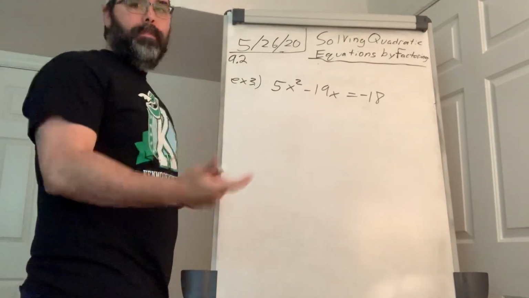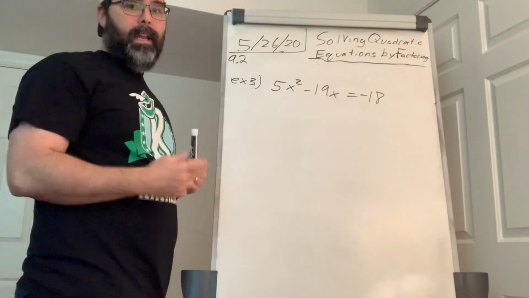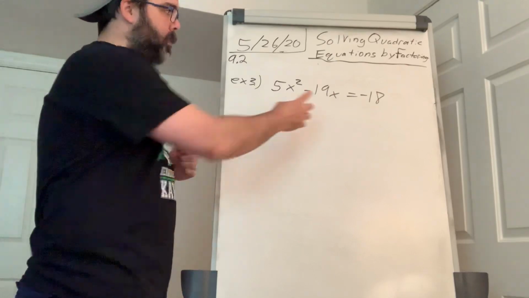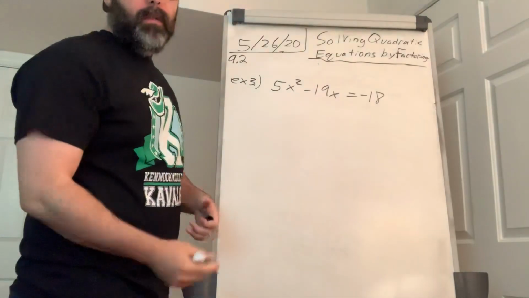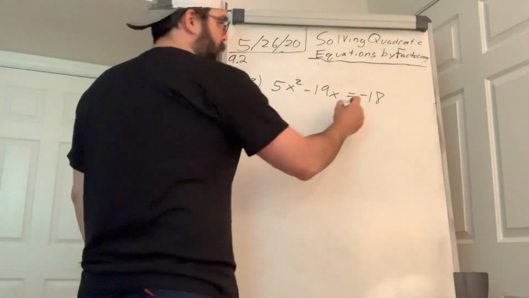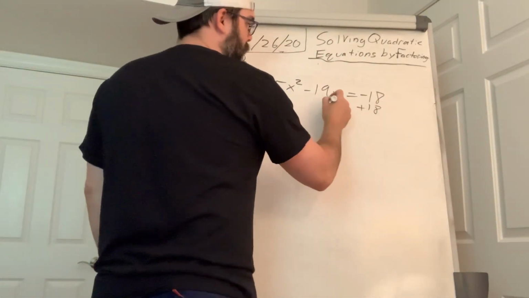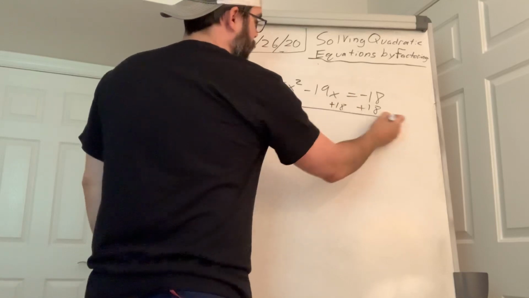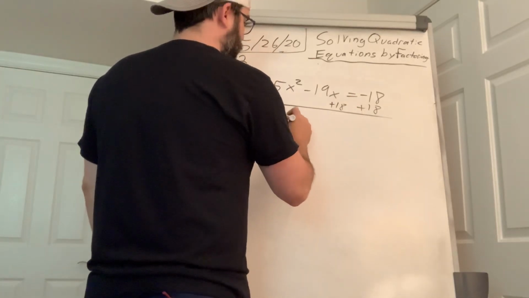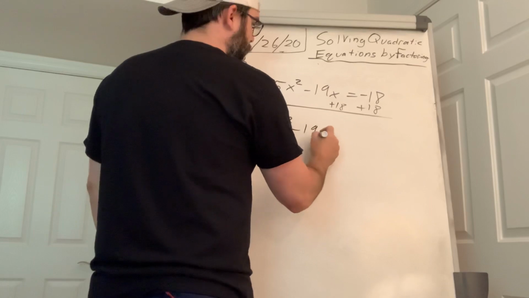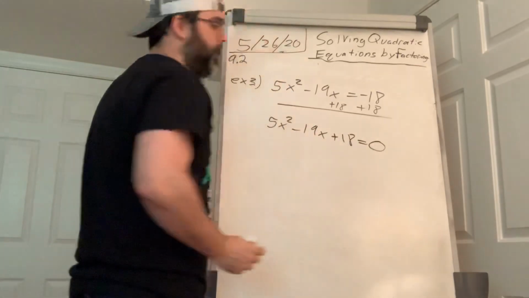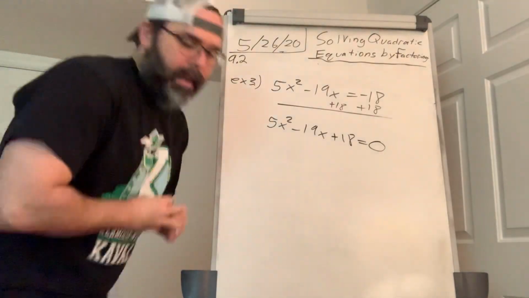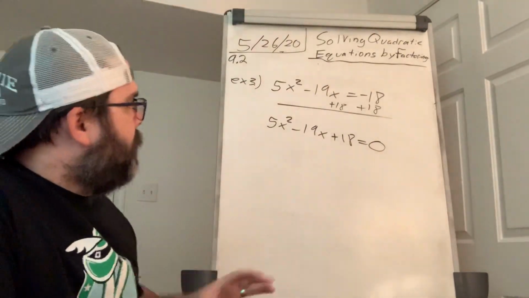What's the first step? We need to set it equal to 0, right? Is it equal to 0 right now? No. So in order to get this equal to 0, I need to add 18 to both sides. And I get 5x squared minus 19x plus 18 equals 0.